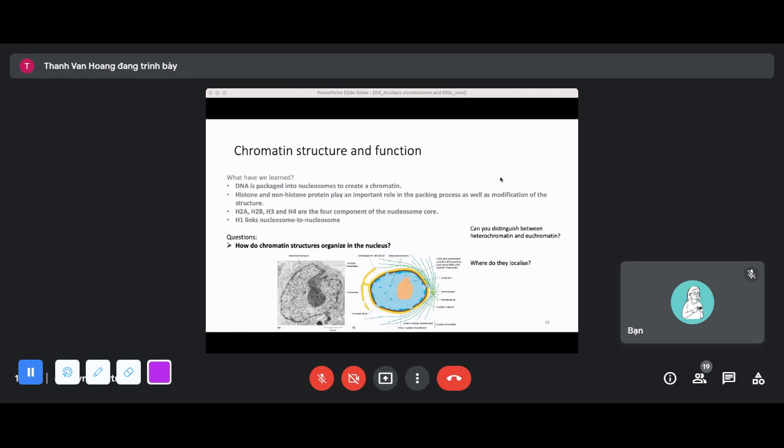So, could somebody describe how you see the chromatin structure within a nucleus? Please.